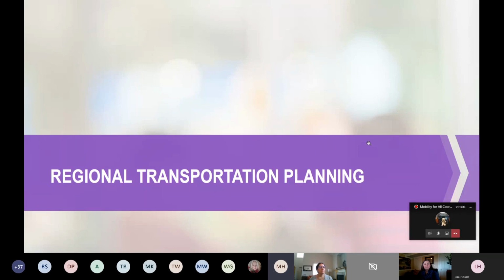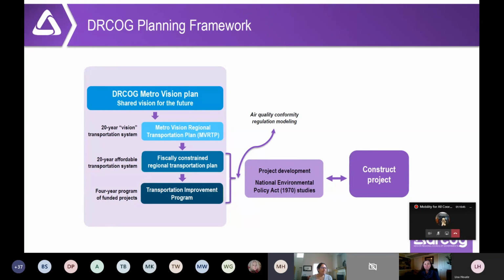So just a little bit of background on regional transportation planning. We have the umbrella plan, the Dr. Cog MetroVision plan, which includes land use and transportation. But then if you go in a little bit deeper, we have our MetroVision Regional Transportation Plan, which is a vision plan for our transportation system, long range.